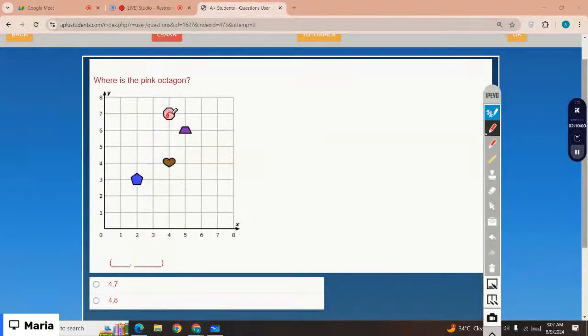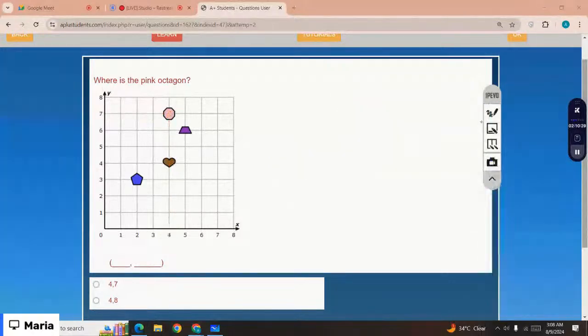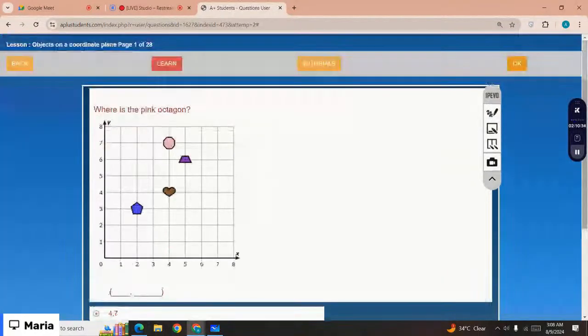So here is the pink octagon. Match it to the x-axis, and the y coordinate is 7. That's how you make the order: the first is always the x coordinate and the second value is always the y coordinate, right? So option number 1 is the correct option. 4, 7 is the correct option. Got it?